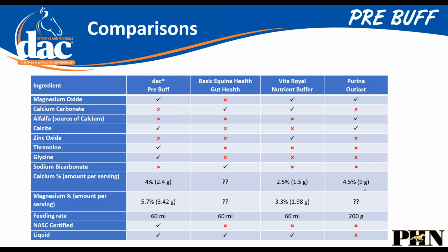There are other sources of calcium. Magnesium, you can see our percentage there. These three liquid products, the pre-buff, gut health, and nutrient buffer, they're all a 60 ml or 60 cc feeding rate because they're a liquid product versus the 200 grams for the other product.